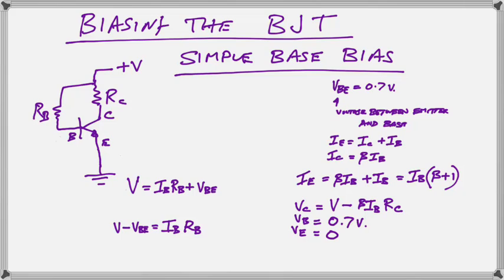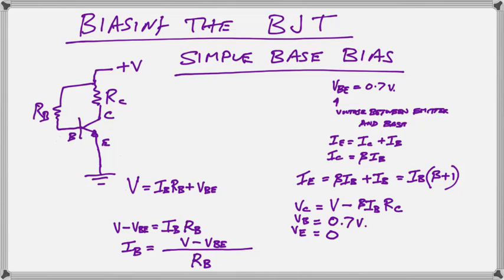Now we bring the VBE over to the other side and make it negative since it's a constant. So our constant power voltage minus the VBE is going to equal the resistance times the base current. And the last thing we do is to make the base current the subject, we divide by the RB, and that gives us the formula to be able to find our base current.